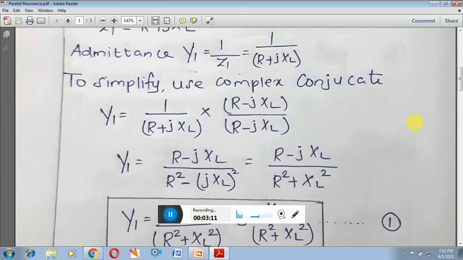Further simplification: minus j squared gives plus, so Y1 is equal to R minus jXL divided by R squared plus XL squared.